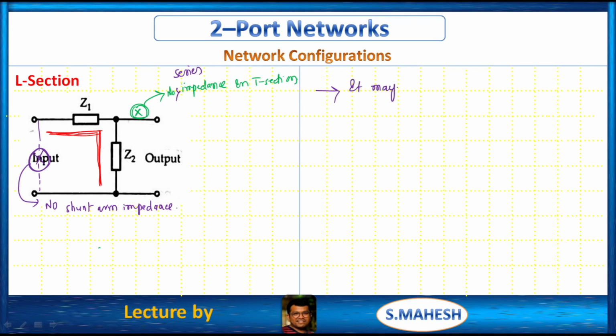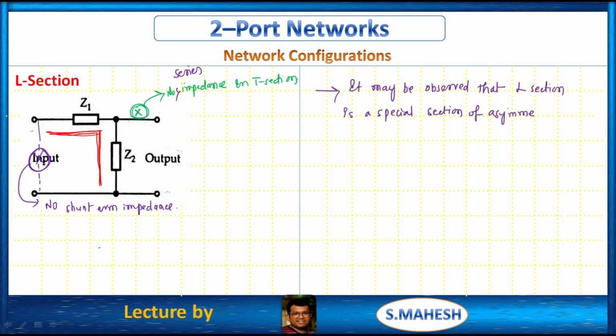It may be observed that L section is a special section of asymmetrical, right? Why is it asymmetrical? Because we don't have any series impedance in T section, right?